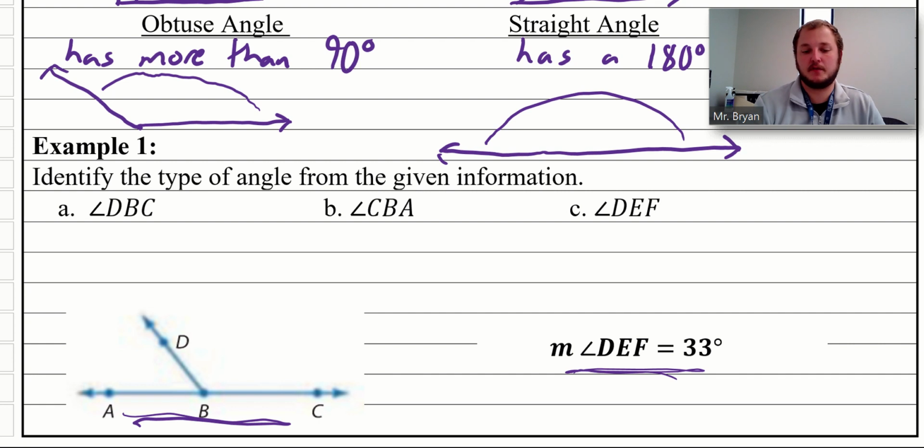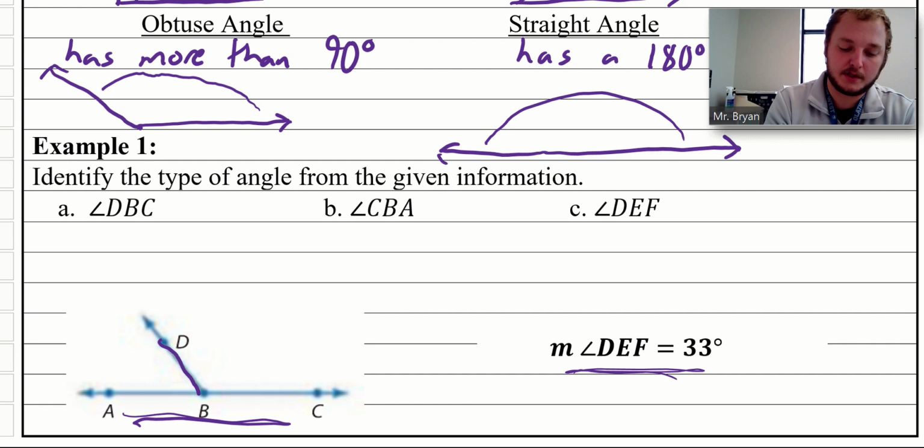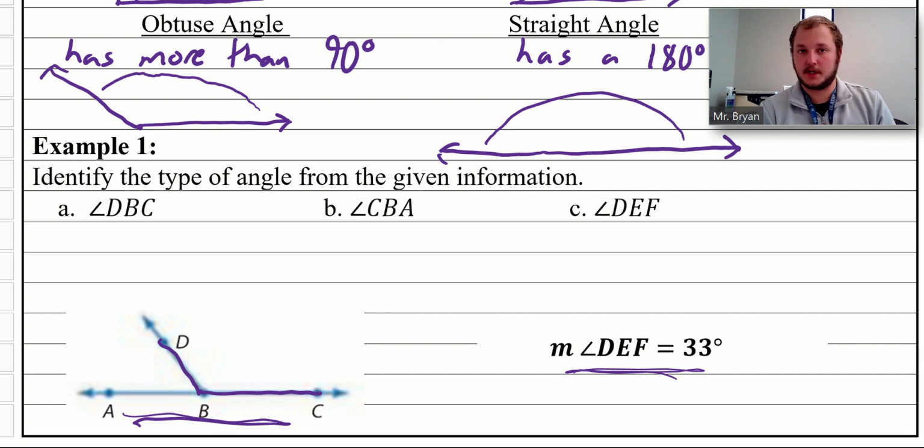Hopefully these problems should go fast. It's asking me to identify each type of angle. So if I look at angle DBC here, I want to go from point to point to determine which angle it's talking about. I'm going to start at D, go to B because that's the next letter, and then C. You notice B is the vertex, the one in the middle.